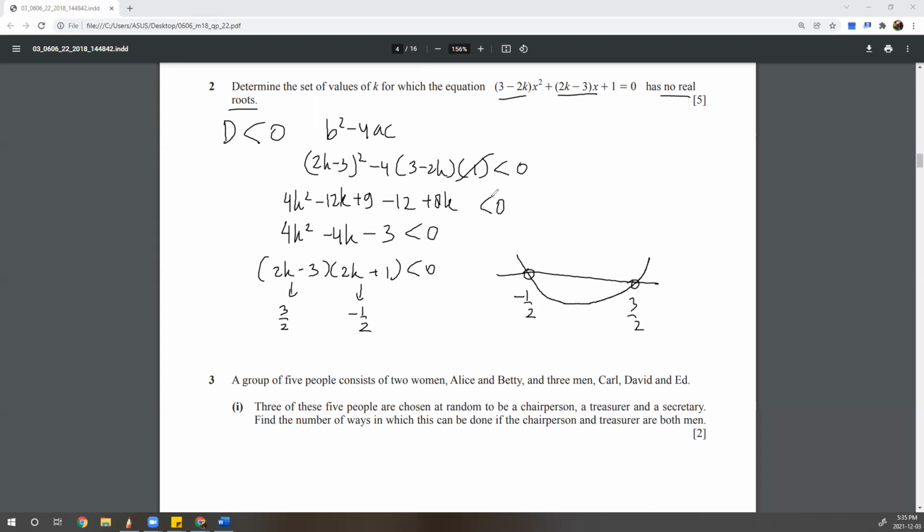When it is smiling, find something less than 0. Find below here then. So everything here is negative, right? So the answer will be k is in between negative half and 3 over 2. This is the value of k that is satisfying the equation of no real roots.